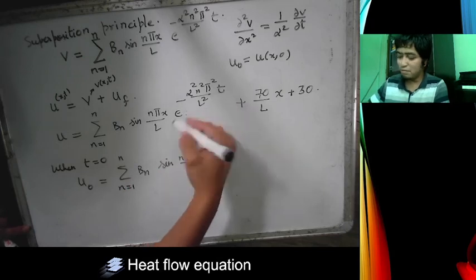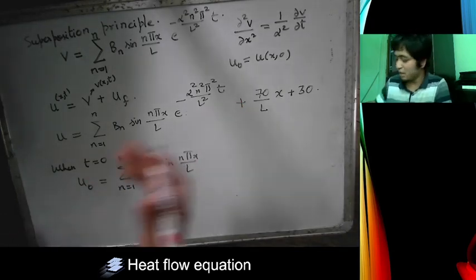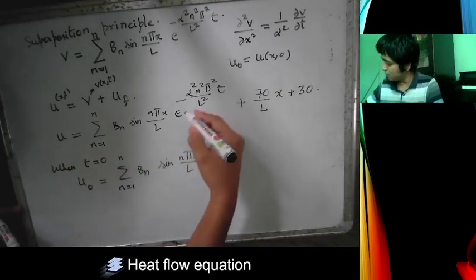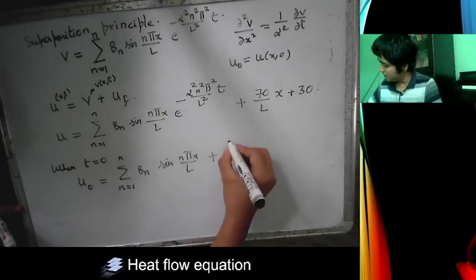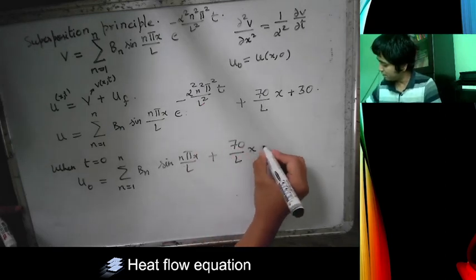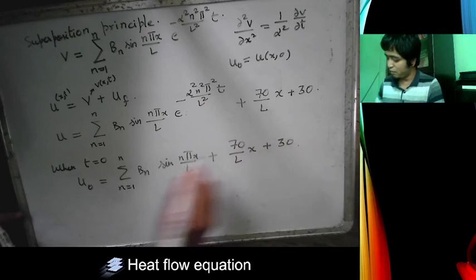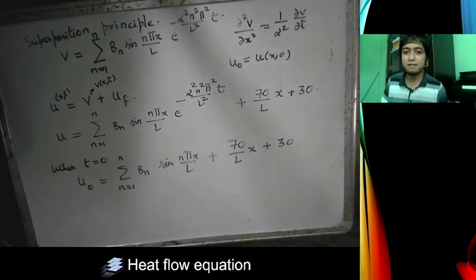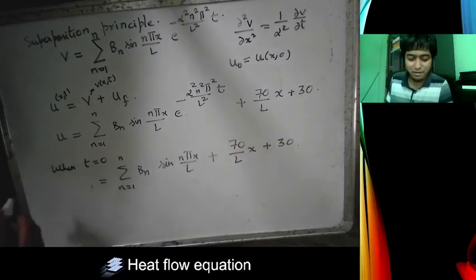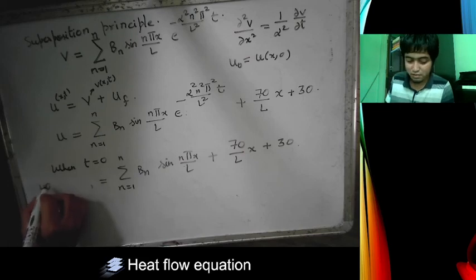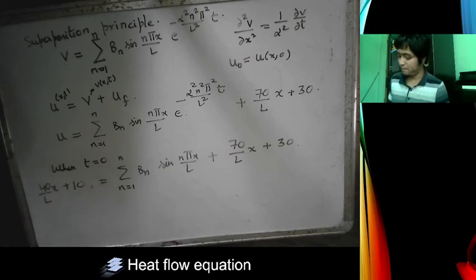And e power 0 will be 1. And over here 70 x by L plus 30. But remember what u0 is. U0, remember we had found out that it was 40 plus 10.